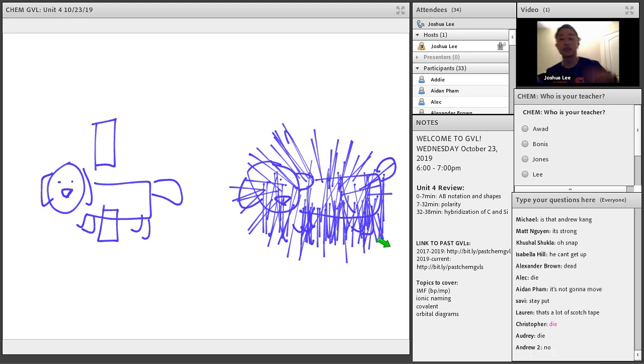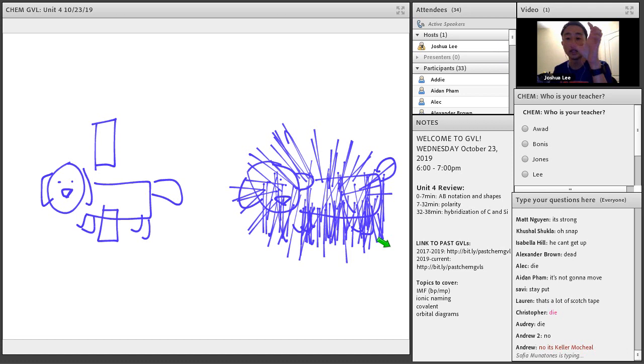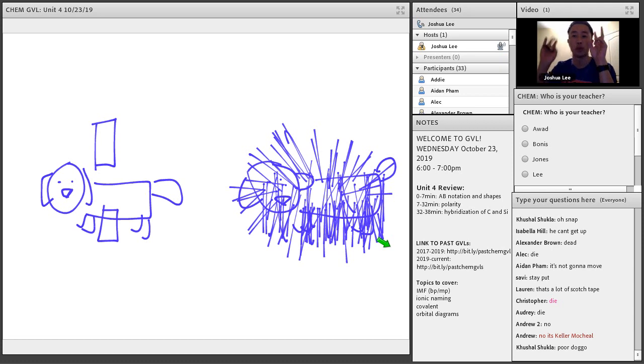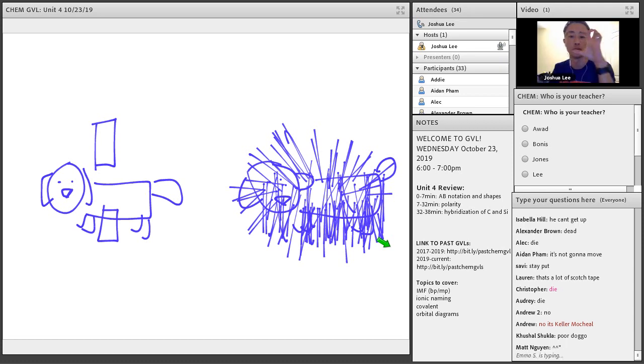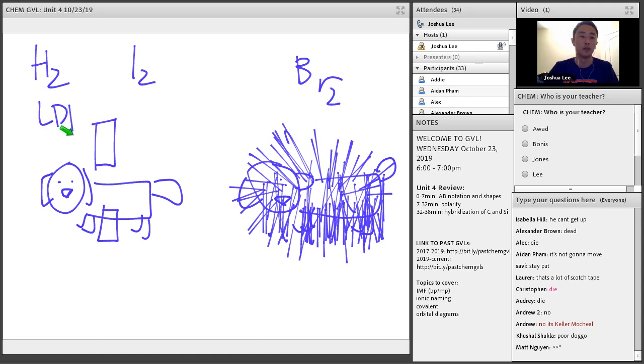So even though Scotch tape is really weak, the bigger the molecule, there's more opportunities for that Scotch tape, for that London dispersion force to be part of it. So that's why bigger the molecule, stronger the London dispersion forces. So if you had questions like H2, I2, Br2, these all only have London dispersion forces. That's it.